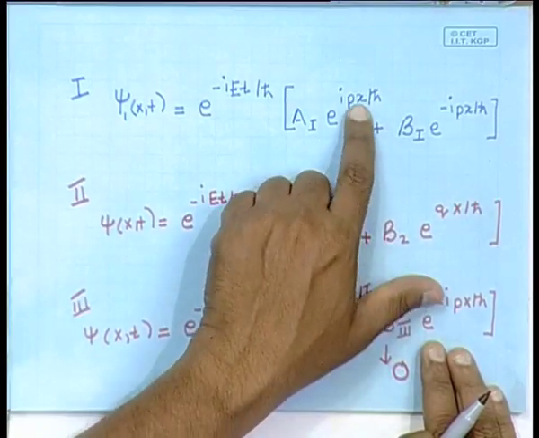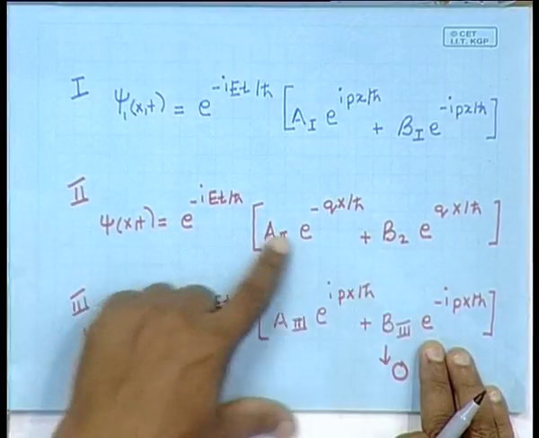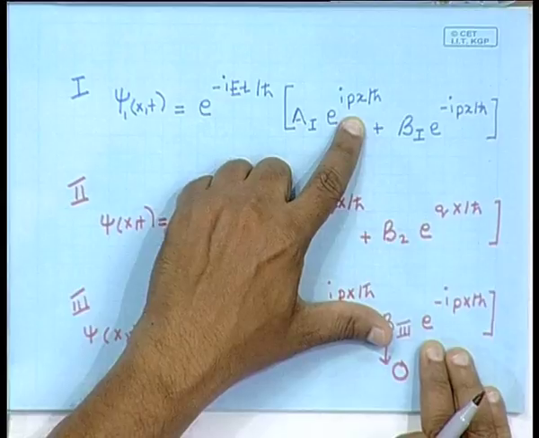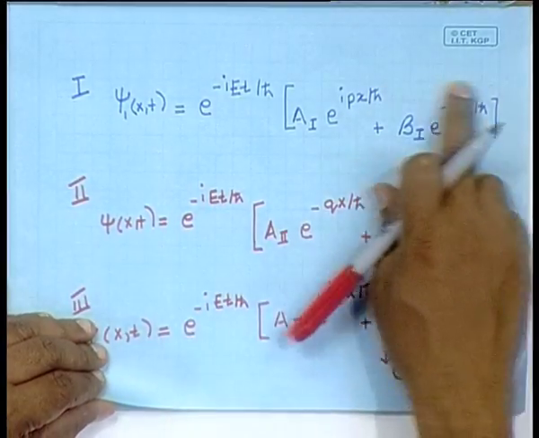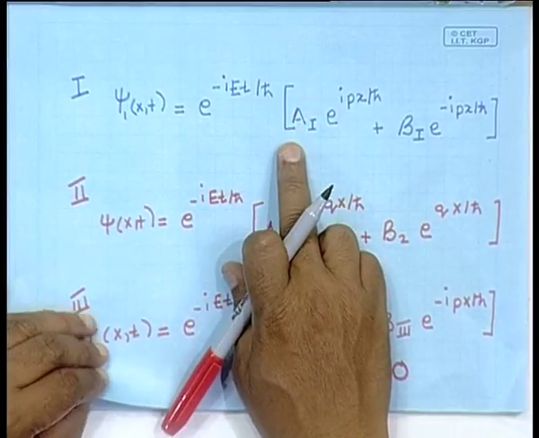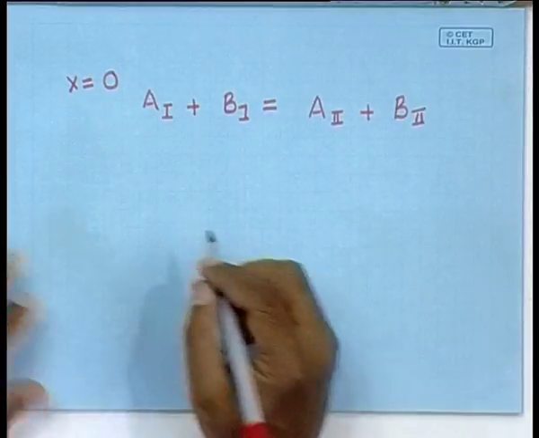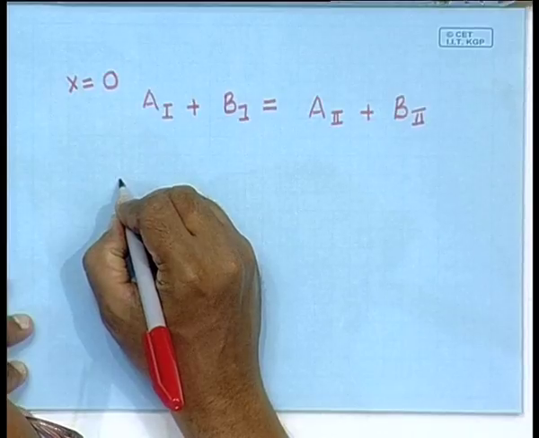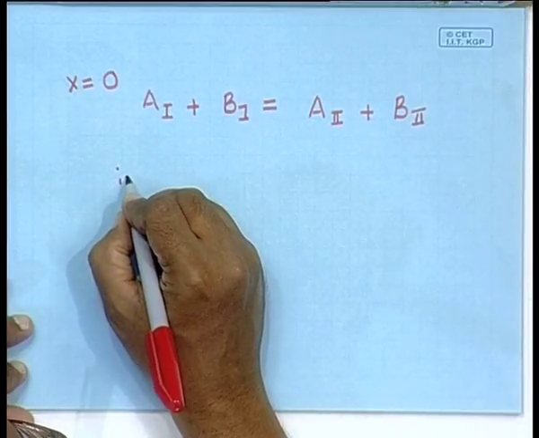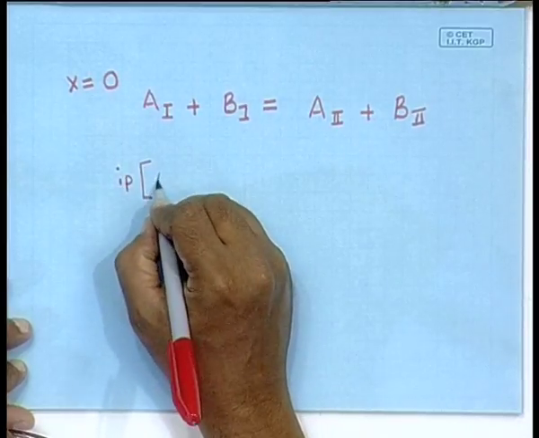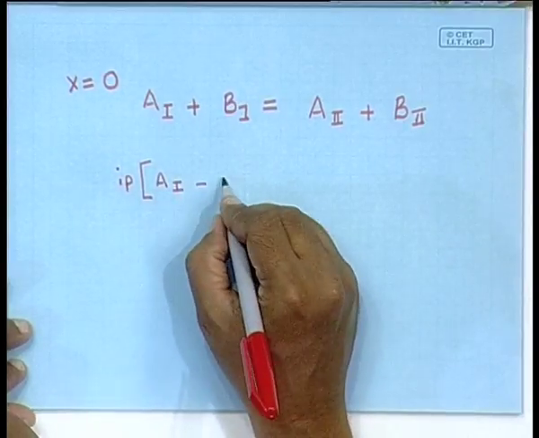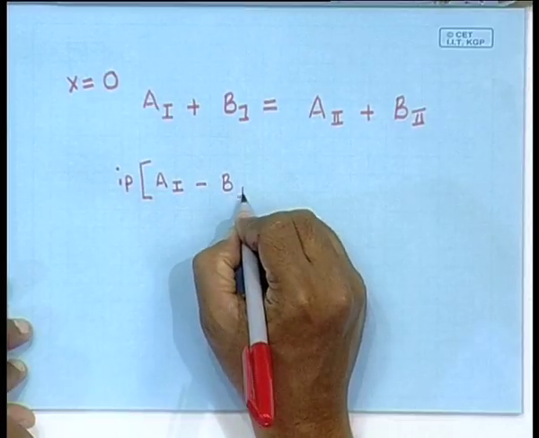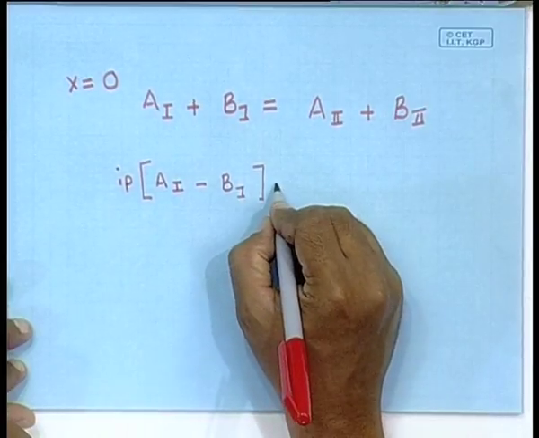I can ignore h cross because it will occur on the other side also when I differentiate it. So, the spatial derivative of the left hand side at x equal to 0 is going to be i p into a1 minus b1.